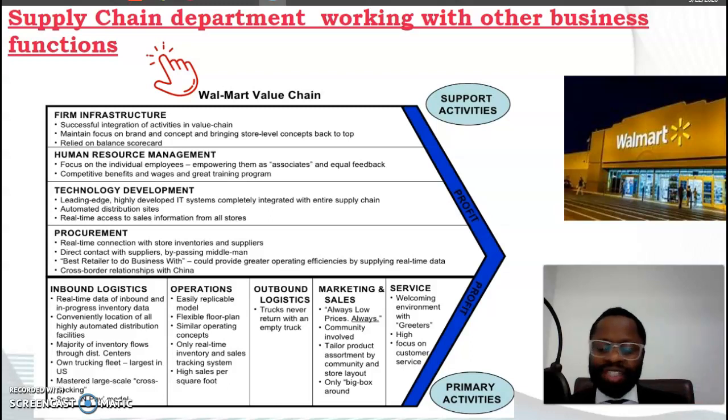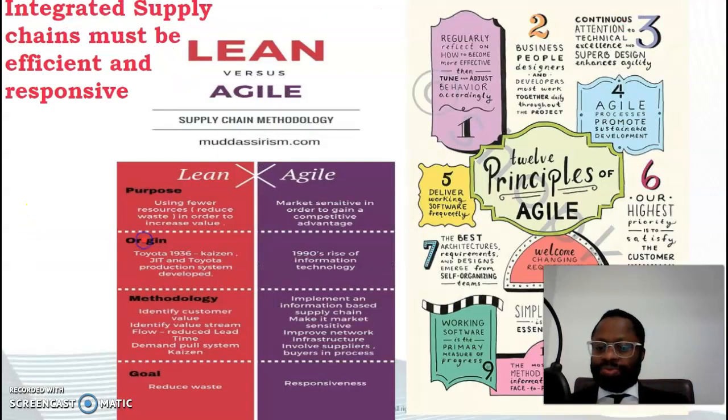And then there's procurement, right? Procurement, as you know, is strategic sourcing. Procurement is part of the infrastructure of a supply chain, a major part. So procurement would procure goods and services. Procurement will manage suppliers. Procurement will negotiate, right? So direct contact with suppliers we see here.